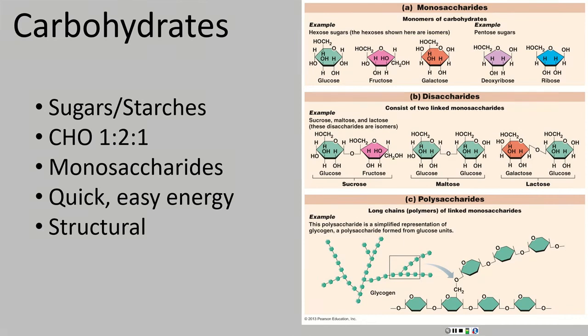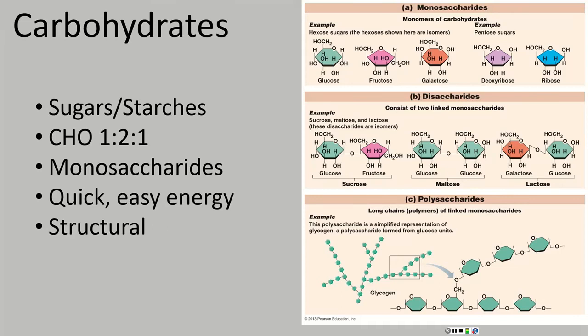And the first class that we're going to look at are the carbohydrates, which are sugars and starches. And when we talk about carbohydrates, the elements that make up carbohydrates are going to be C, carbon, H, hydrogen, and O, oxygen.